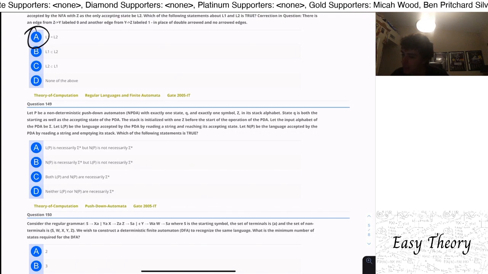Let P be an NPDA with exactly one state and exactly one symbol in the stack alphabet. State Q is both the starting as well as the accepting state. It would have to be. The stack is initialized. Let LP be the language accepted by P, and NP the language accepted by reading the string and emptying its stack.